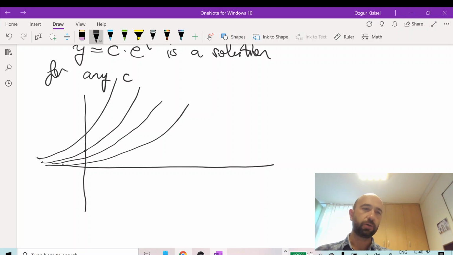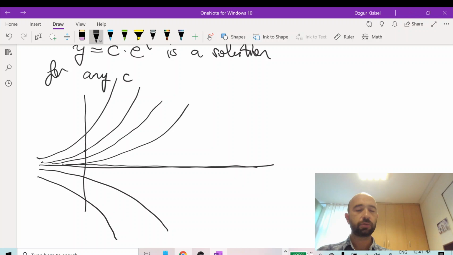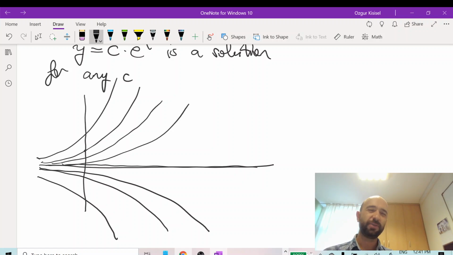If you pick c equals 0, you just get the x-axis. And for negative values of c, that could go down. Again, if you were able to draw all of these for all values of c, those would fill up the plane. And if you take any two of them, their ratio is constant. Their difference is not.